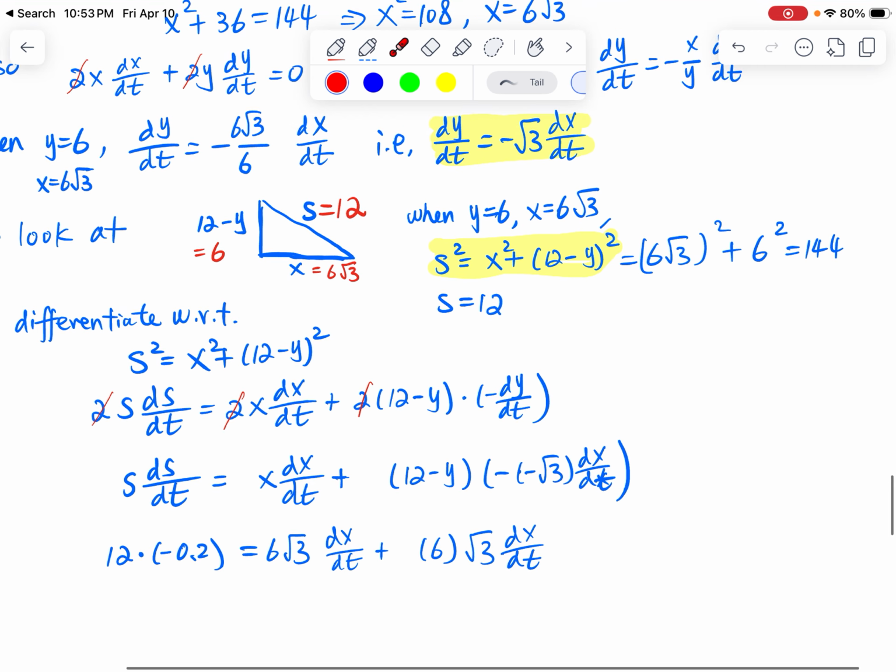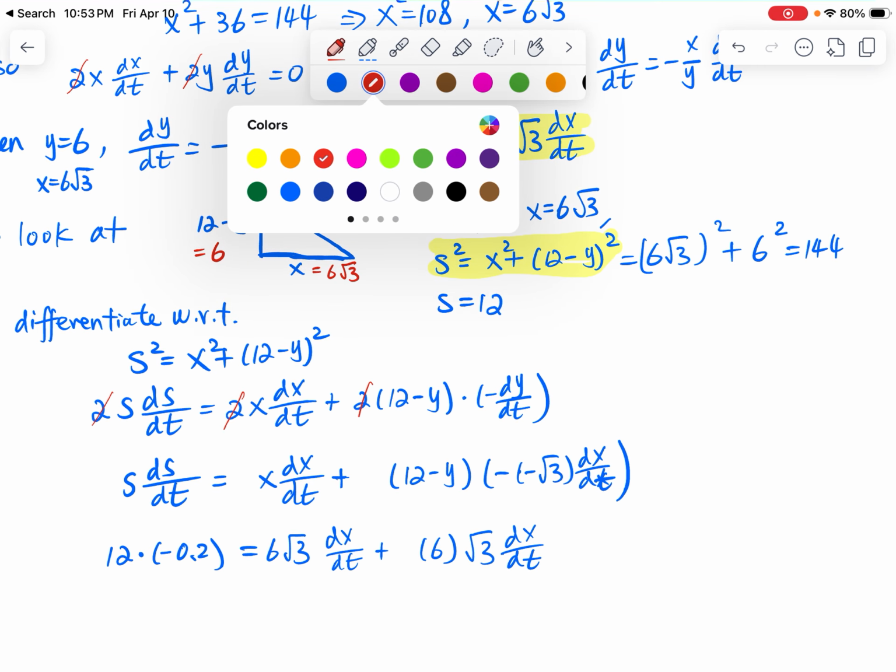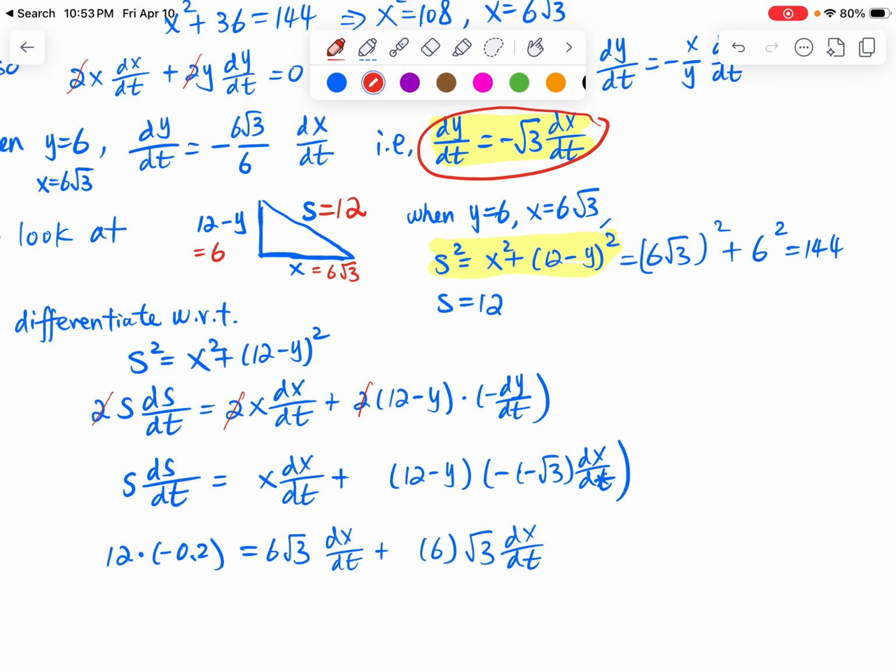Okay, now this is what's happening. If you remember earlier, we established this relationship, right? So dy/dt, you want to replace the dy/dt using the negative root 3 dx/dt. Here's the reason. We don't know dx/dt, we don't know dy/dt, so we cannot have two unknowns.